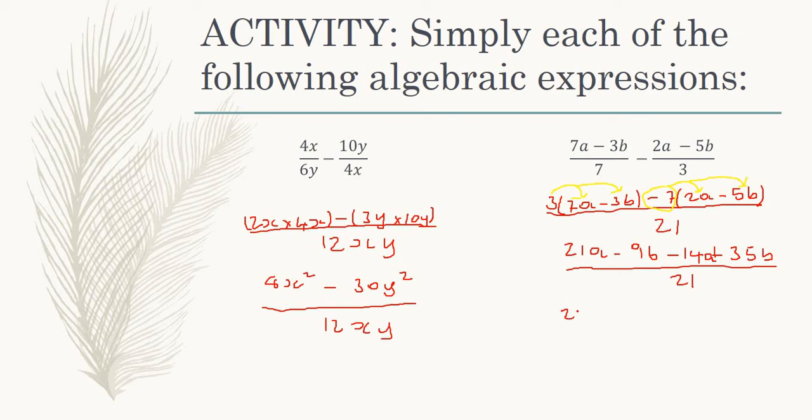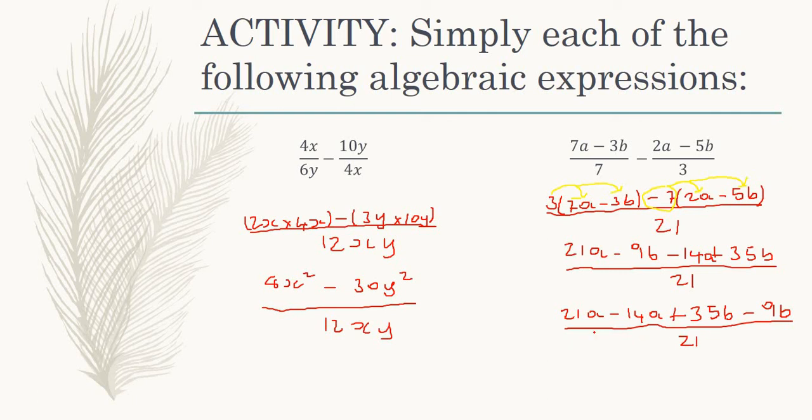So it's going to be 21a minus 14a, plus, I'm going to put the positive term first, so it's going to be plus 35b minus this 9b here. And all of this should be placed over your common denominator, which is 21.